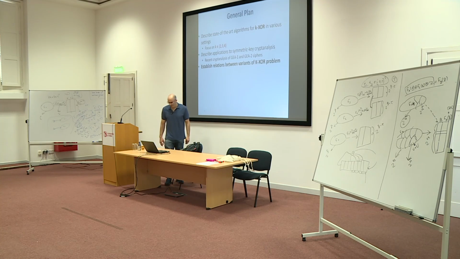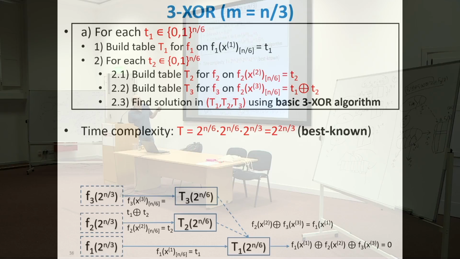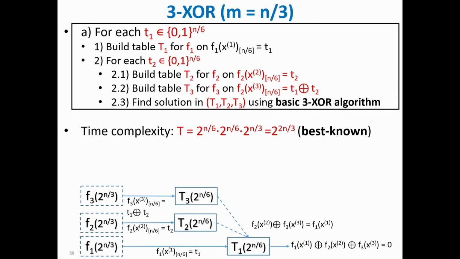Okay. So let me quickly remind you. Now we're back at the 3 XOR setting. We had more than 2 algorithms, but we're back at this single space, single solution regime. And we had this algorithm.